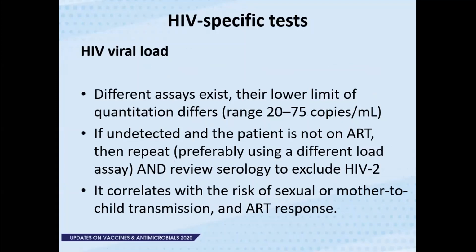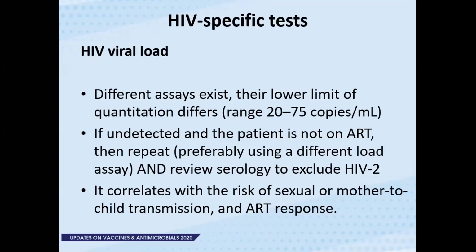The second specific test is the HIV viral load. There are many different assays with variable detection rates of the viral load. The range is between 20 to 75 copies per mL.